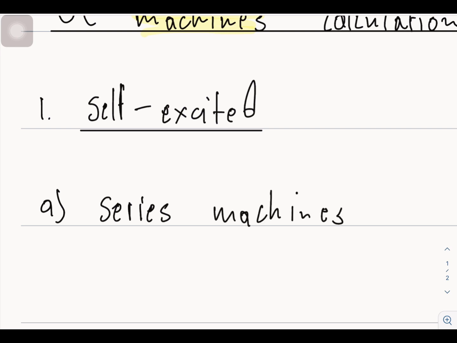The naming of machines comes after the type of connection between the armature and the field winding. For us to name the type of machine, we look at the type of connection between the armature and the field winding. If the armature and field winding are connected in series, that is a series machine.